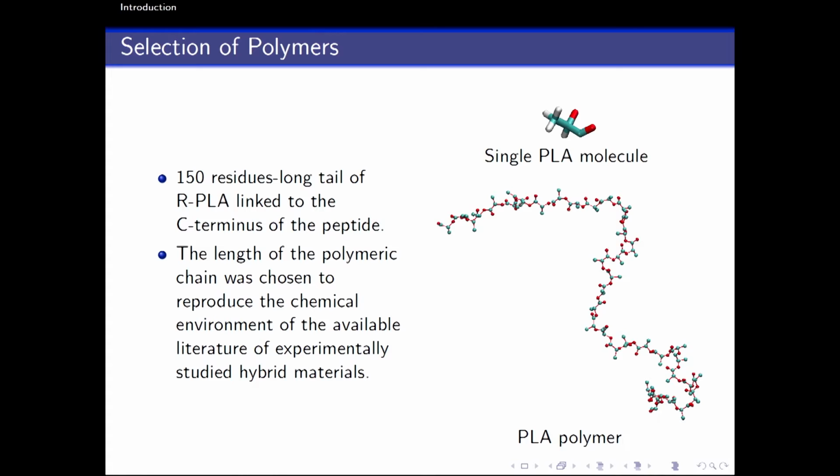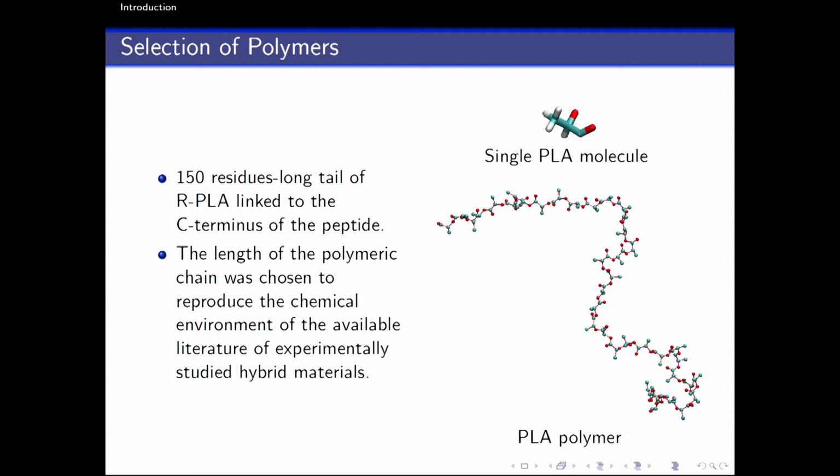Now the next thing we wanted to do after we investigated the conformational preference of the isolated peptides was to conjugate the polymer molecules. So the polymer that we selected is polylactic acid, PLA, which is shown to be very biocompatible and it has a lot of desired properties that can be used for nanostructure design.